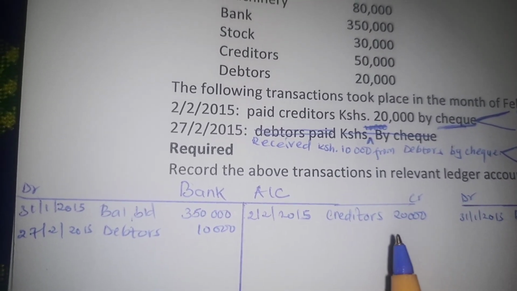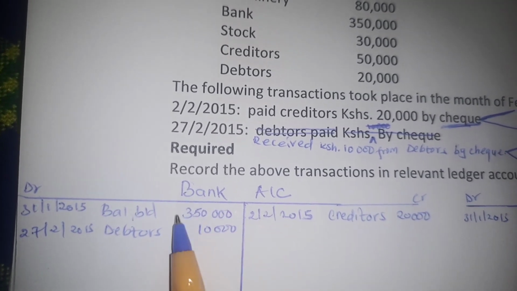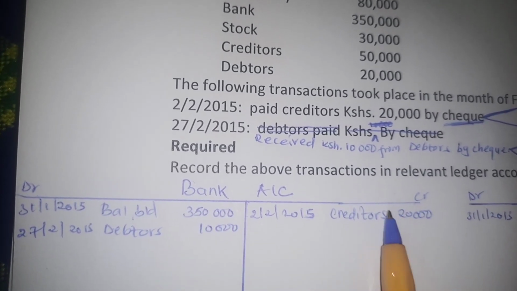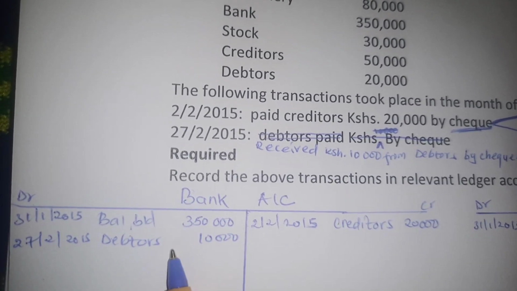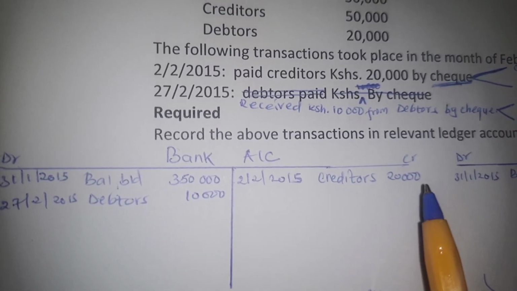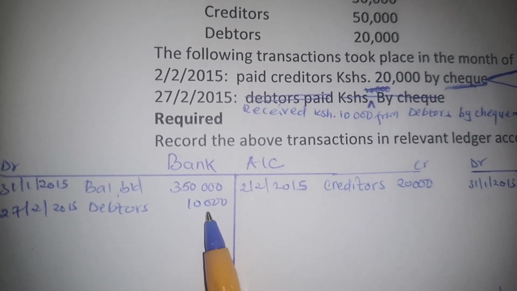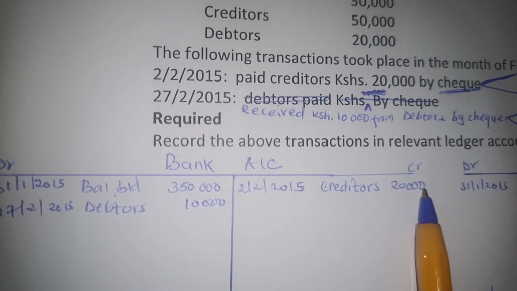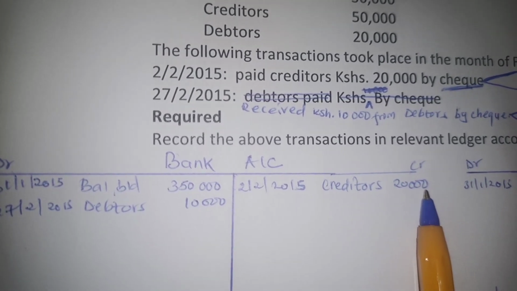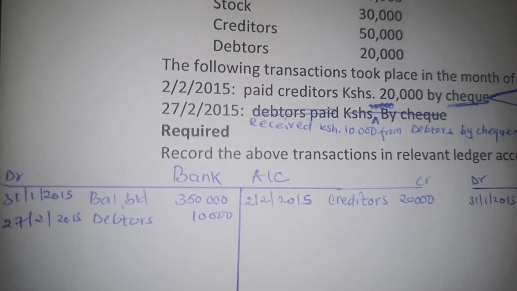So the balancing figure will be 360 minus 20, the smaller figure. You take the bigger figure minus the smaller figure. That will give us 340.